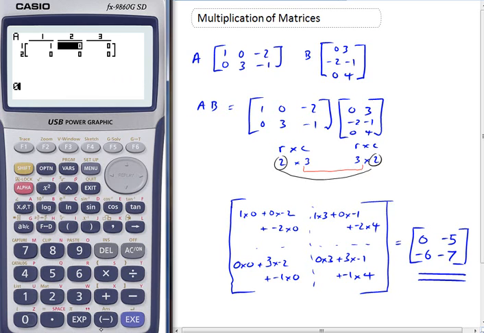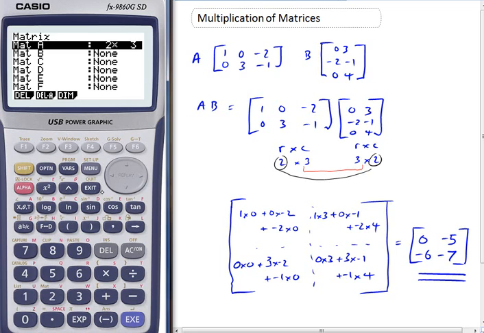1, 0, minus 2, 0, 3, minus 1. Good. Okay, press execute. I don't think we'll get out of that, but we can press exit, and we get an invitation to put the matrix B in.